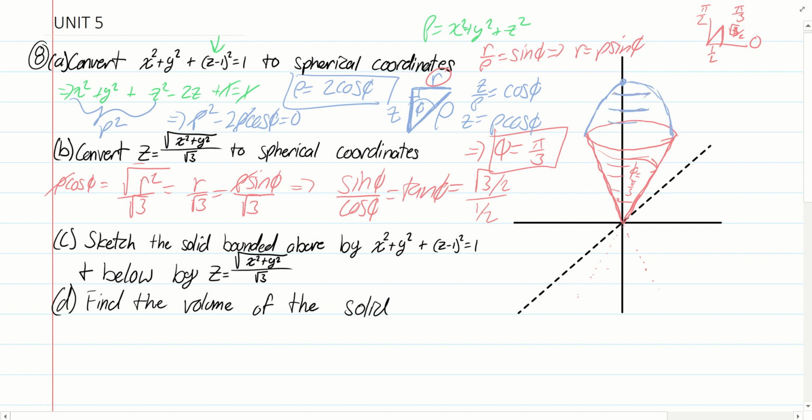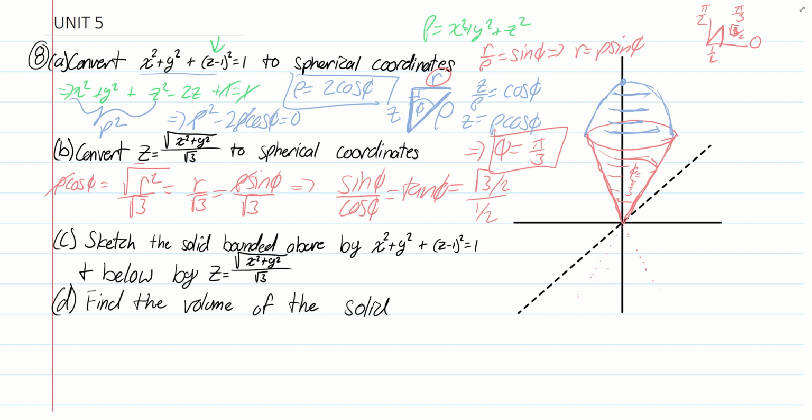It's not exactly centered, but it's close enough. How I know it's going to look like this dome is that when we look at the original equation, x squared plus y squared plus z squared, that's a sphere. This minus 2z makes it a little offset, so it looks more like an egg, something more oblong than a sphere.